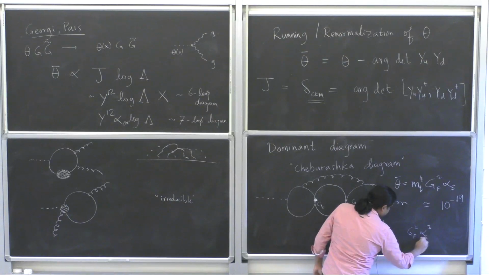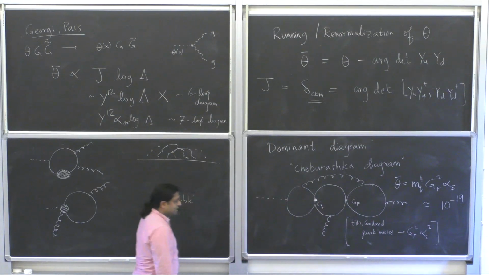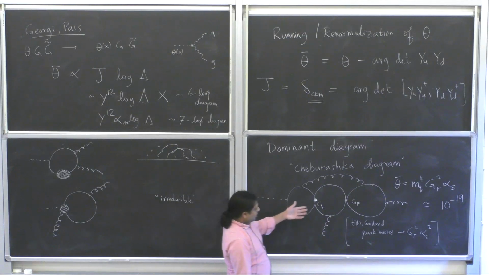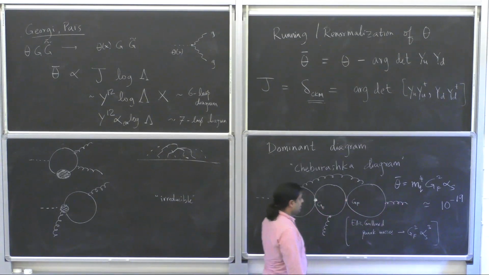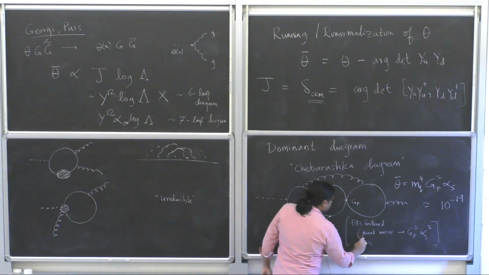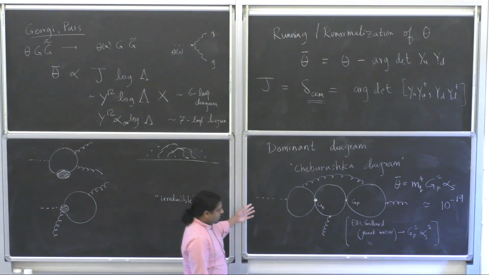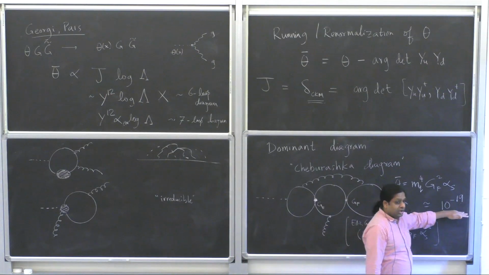And this is also an estimate. I don't know if there's actually a calculation that calculates this, but there's a contribution already at G Fermi squared alpha S that shows up, which is not through the quark masses. It's a direct renormalization of the theta term itself. It's a four loop diagram, numerically still rather small.